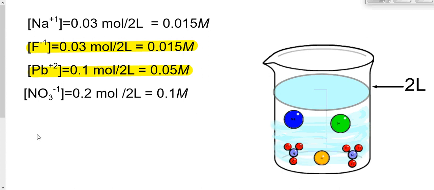So all you would need to do, if we were given this as a starting point, is determine which two ions are the most likely combination to form a precipitate. And you'd use your solubility rules here to pick the most insoluble candidate. And then plug those values into a KSP expression, which we're now calling QSP, and compare it to the actual KSP. If there's more than the max, we get a precipitate. If there's less, we do not.